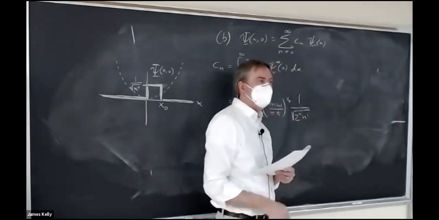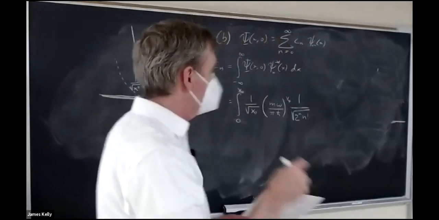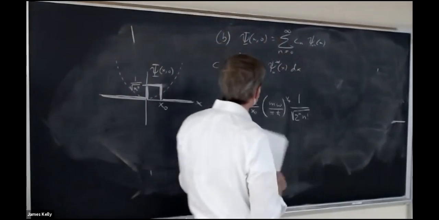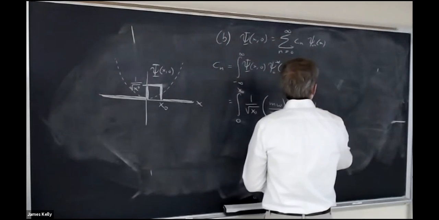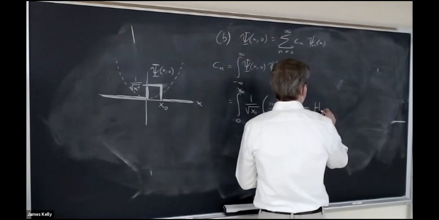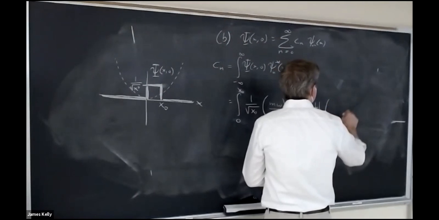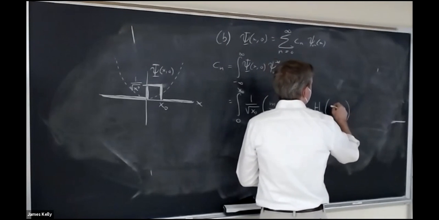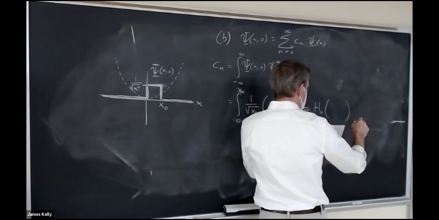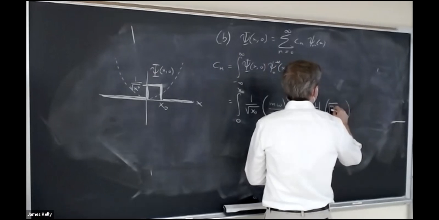Does everybody know what factorial means from some math classes, right? 5 factorial is 5 times 4 times 3 times 2 times 1. That's the normalization constant times the actual functions of x, which are Hn of xi. So we can write things as a function of x, I'm going to write xi as the square root of m omega over h bar times x.